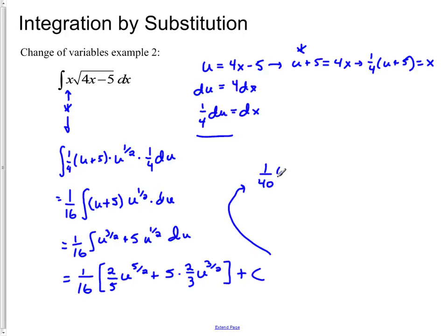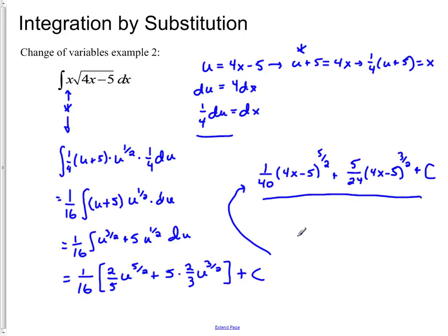And that's going to be multiplied by our quantity 4x minus 5, which was u, to the 5/2 power, added to, let's see, 16 divides into 8 two times, so we're going to have 5 over 24 of the quantity 4x minus 5, this time to the 3/2 power, plus our constant of integration.